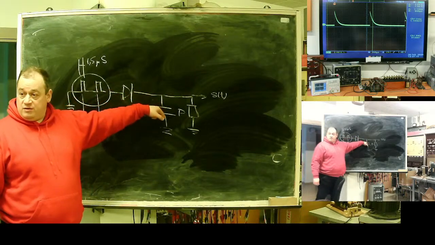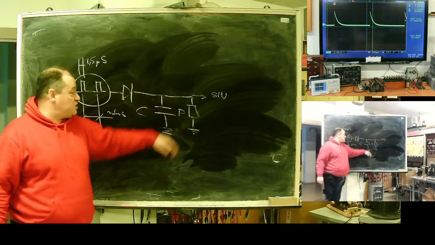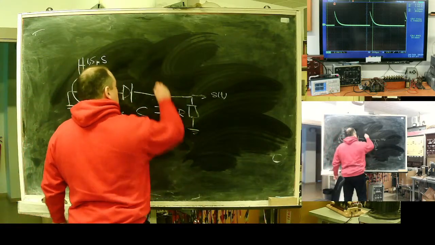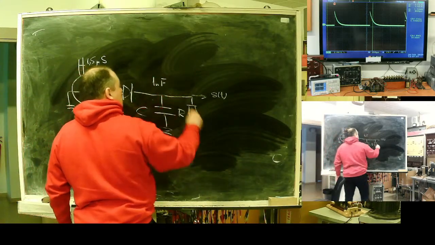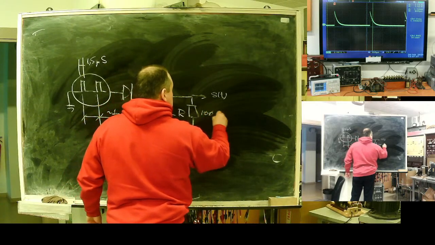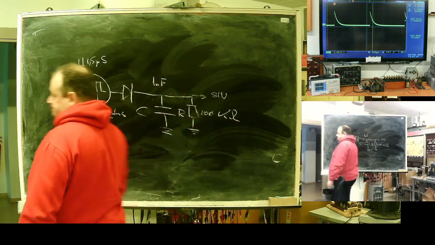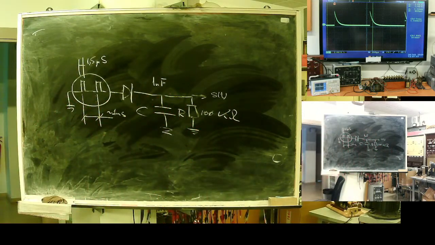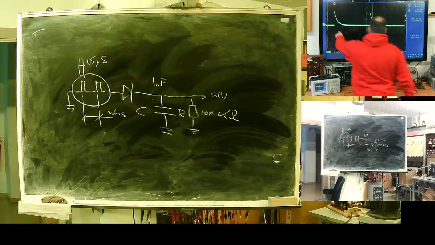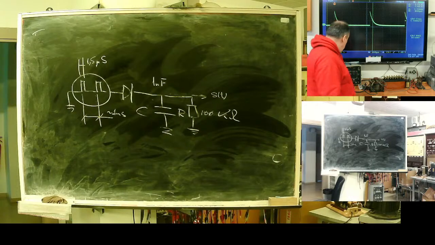The capacitor charges through the diode and then slowly discharges. My capacitor is 1 nanofarad and the resistance now is 100 kilo ohms. I see a nice repeating sequence of pulses.